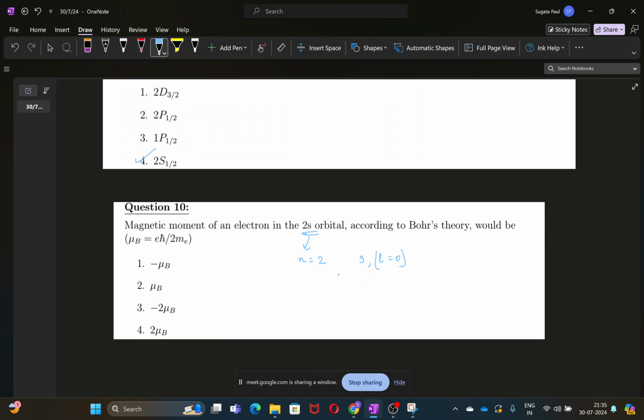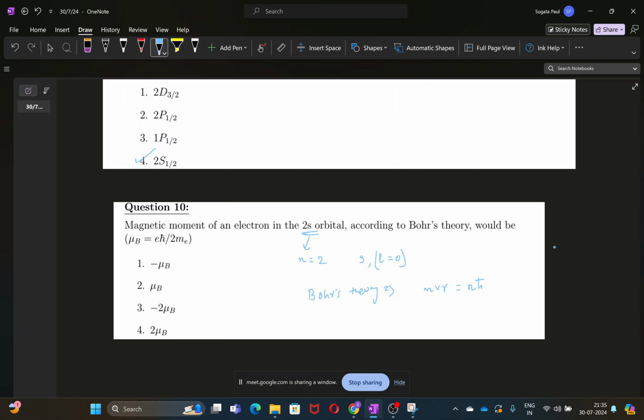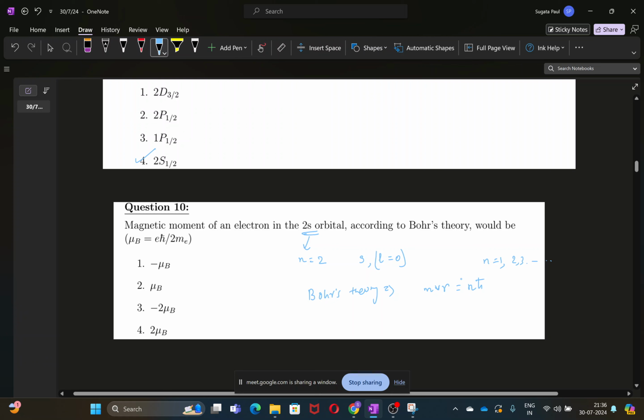Now you have to follow Bohr's theory. What is Bohr's theory for orbitals? So Bohr's theory tells you that momentum mvr equal to nħ. That means if there is an atom where an electron is orbiting around the nucleus with an orbital radius of r with a velocity of v, and that electron has a mass of m, then the angular momentum mvr value will be quantized in units of ħ, and the quantum number n can take values from 1, 2, 3, etc., all the positive integers.